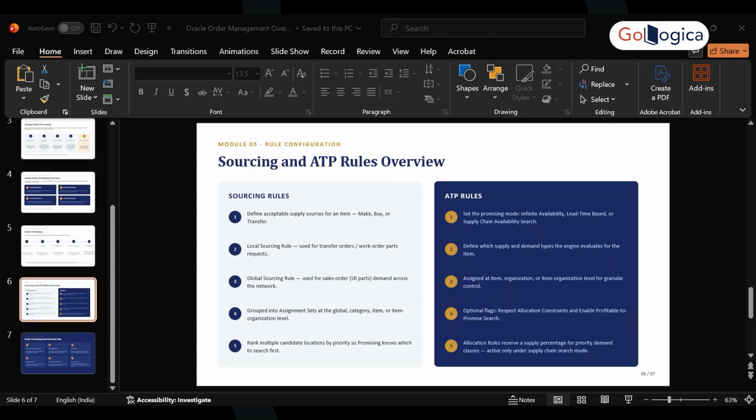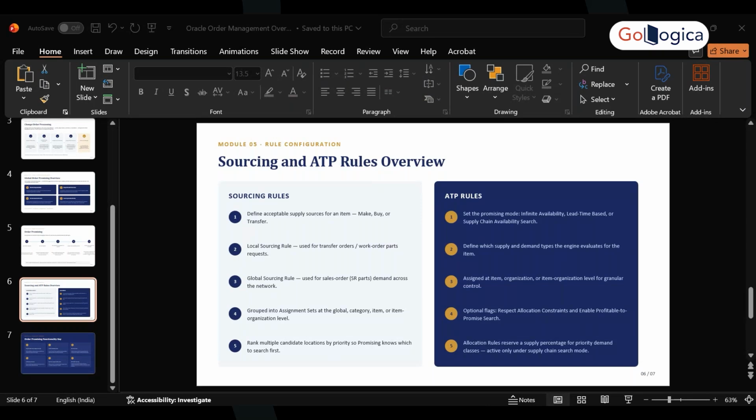The source of supply can be the manufacturing plant, the warehouse supplier, or another inventory organization. So instead of checking each and every location randomly, Oracle follows the sourcing rule to determine the valid supply source, and this ensures that orders are fulfilled according to the organization's supply chain strategy.